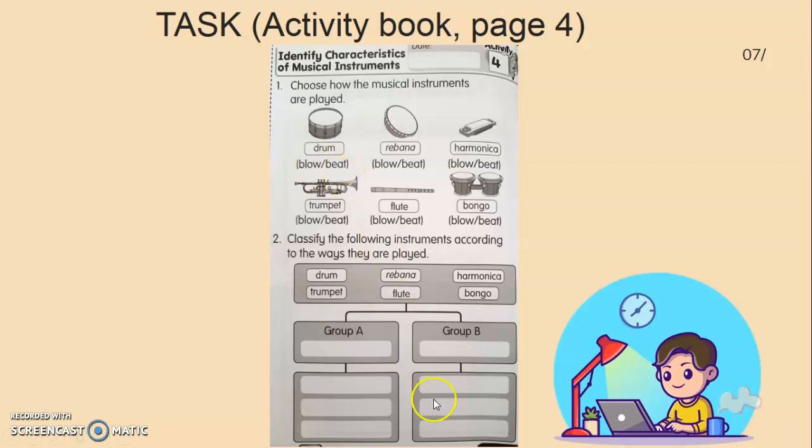Understand? And then you separate them into two groups by using, dengan menggunakan, this characteristic. Okay? And then you choose the musical instruments, you group them into their similarities and differences.